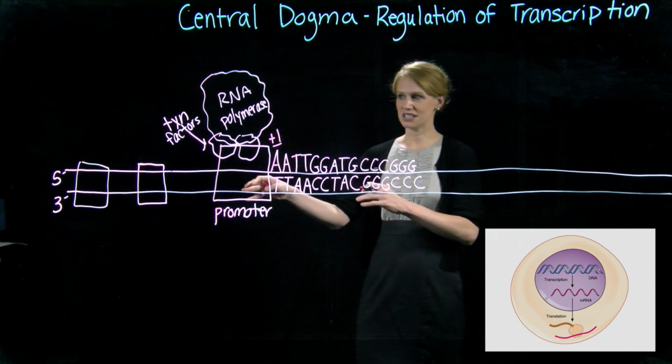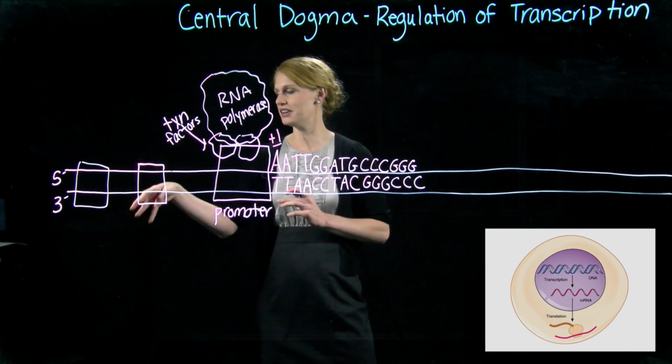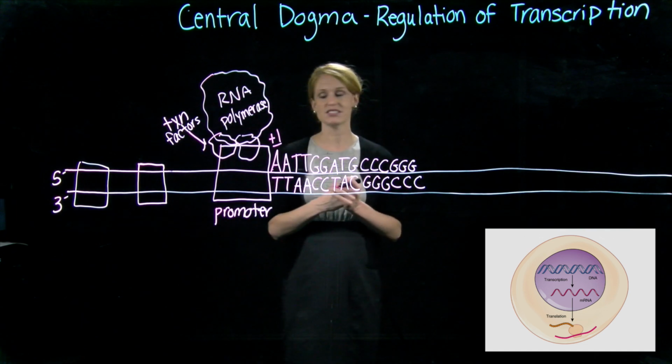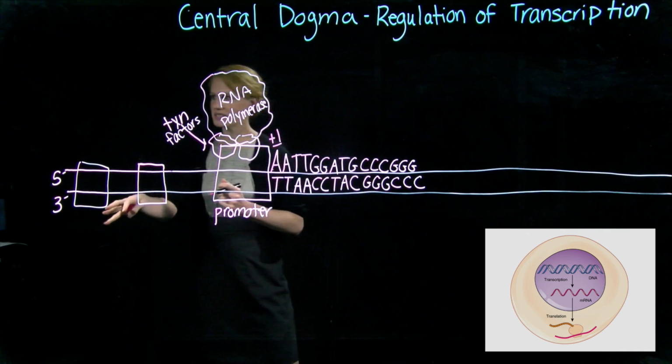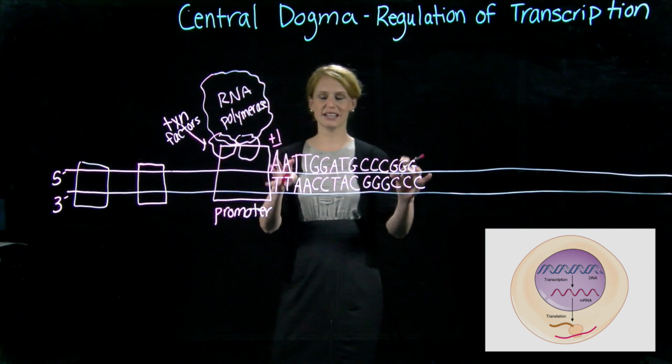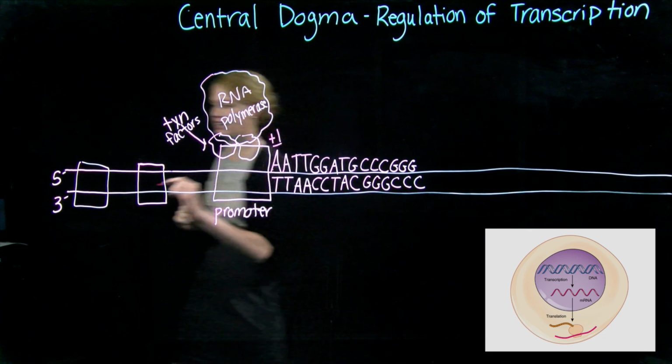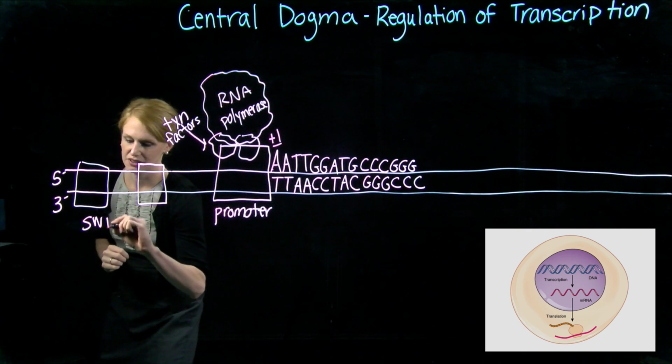We need additional DNA sequences that are sometimes very far from the genes that they regulate and proteins that bind to these genes. These DNA sequences that are important for regulating when and where and how much genes are turned on are called switches.